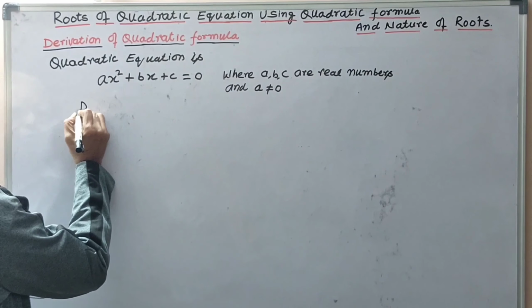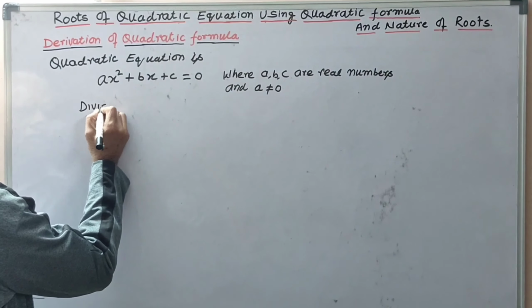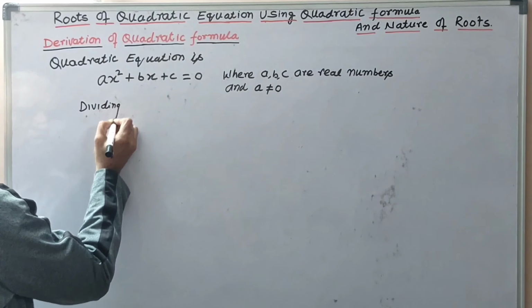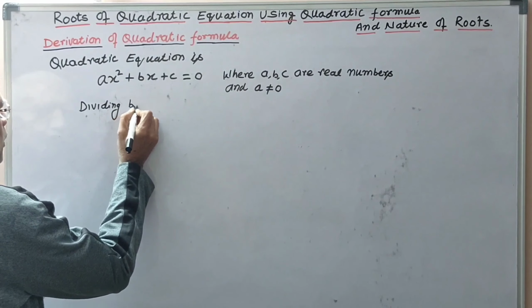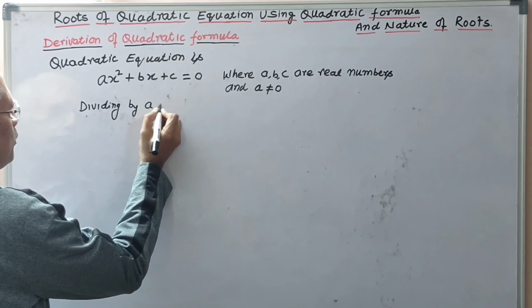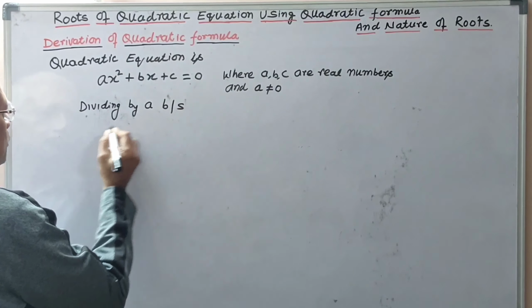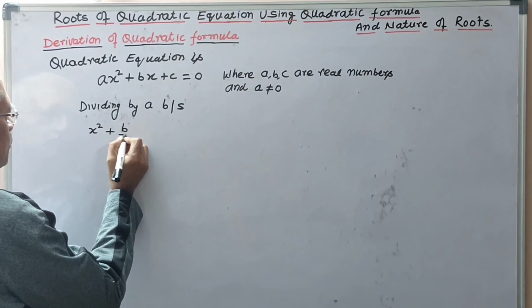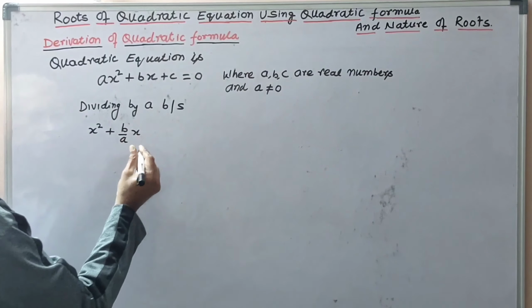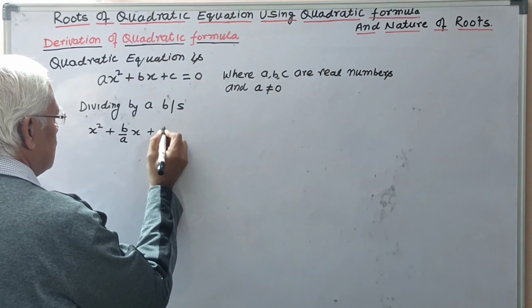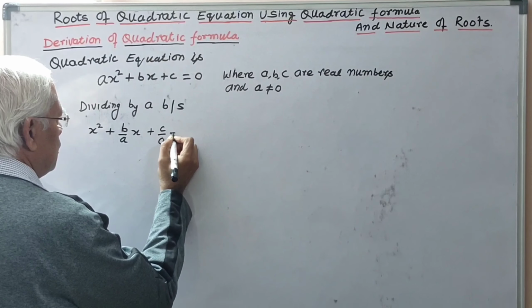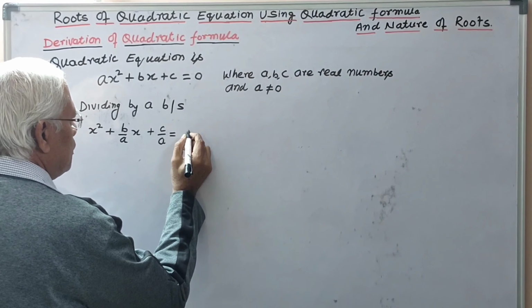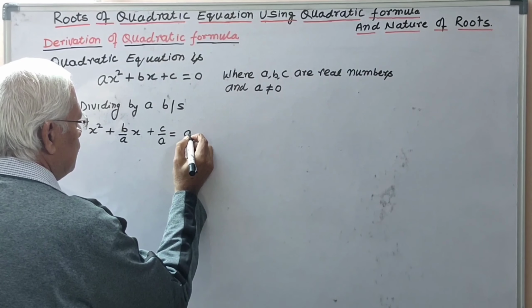Now, dividing by a both sides. So, x square plus b upon a x plus c upon a equal to 0 upon a, which is 0.